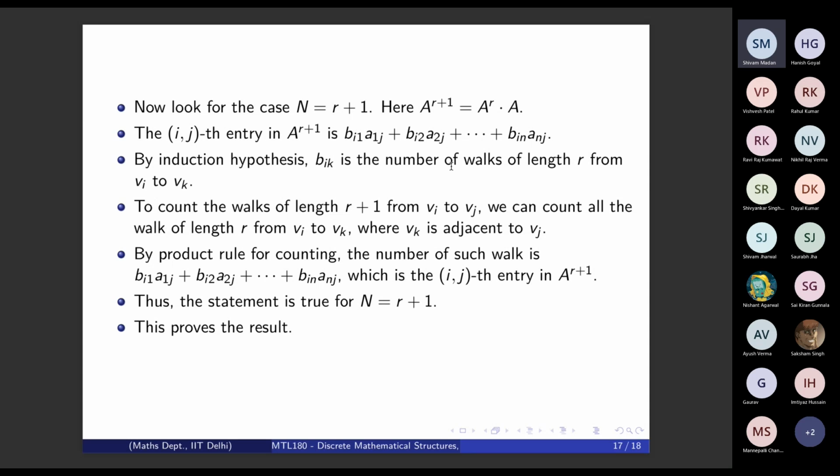So this is the number of walks of length r from Vi to Vk, by the induction hypothesis. Therefore, by the product rule, these are all the possible ways of finding walks between Vi and Vj. So the statement is true for n equal to r plus 1. So this proves the result.